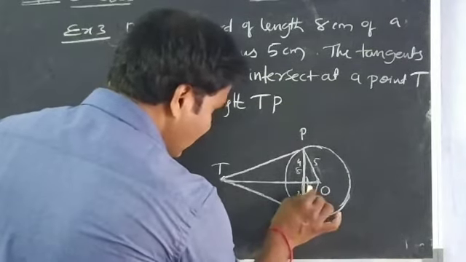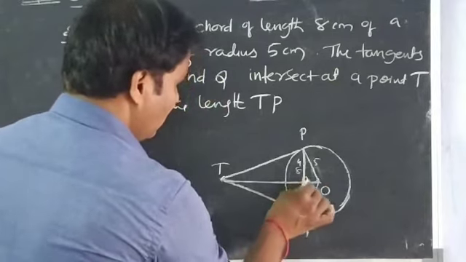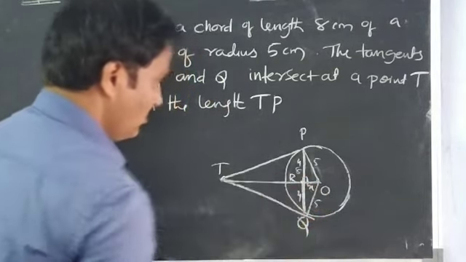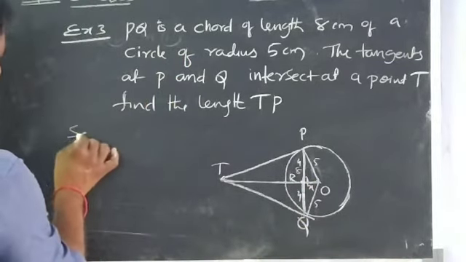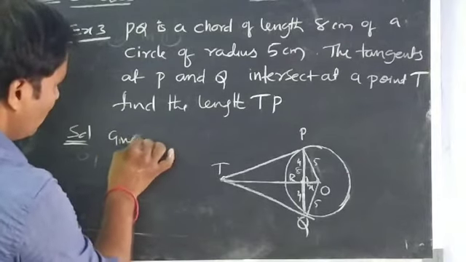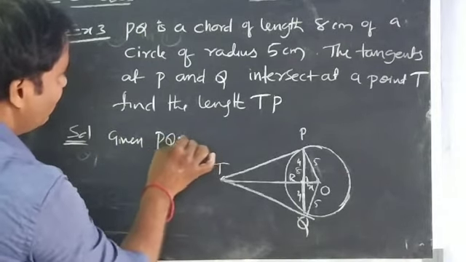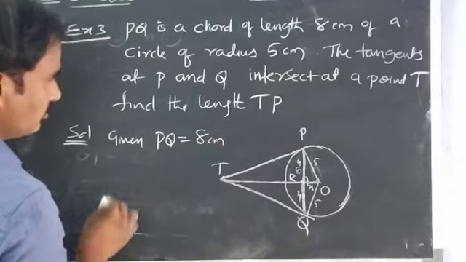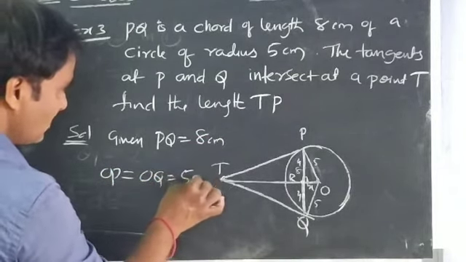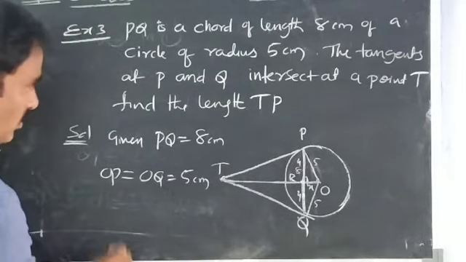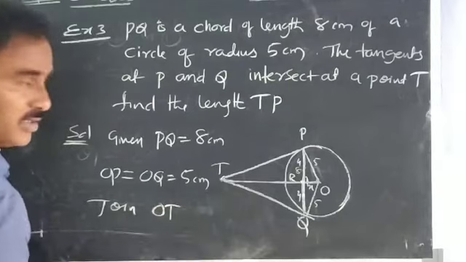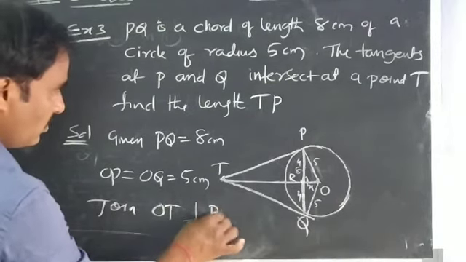And we don't know this length. This length let it be x. I am taking this point as R. Okay. Now solution. Given PQ length 8 centimeters and OQ is equal to 5 centimeters, the radius. Join OT, perpendicular to PQ.